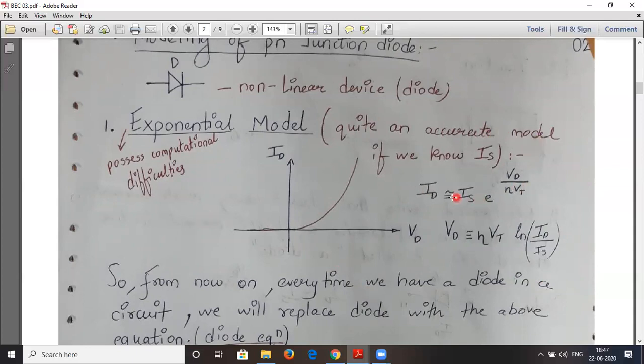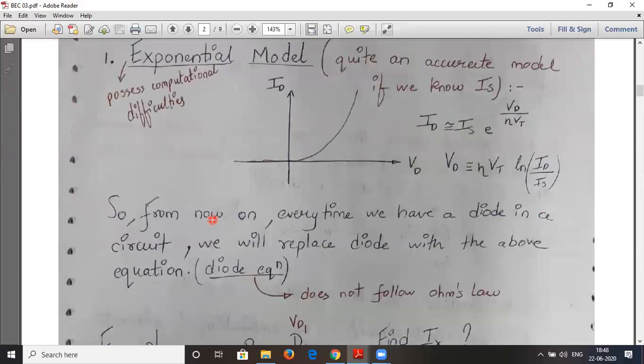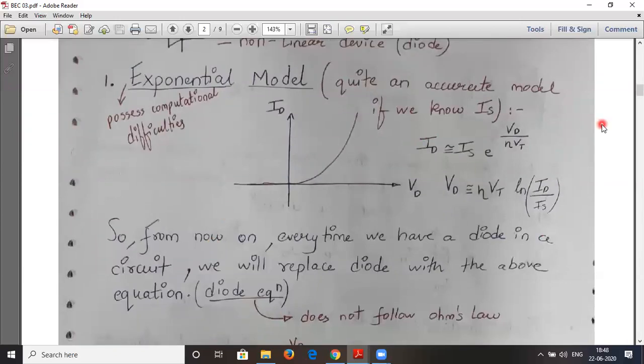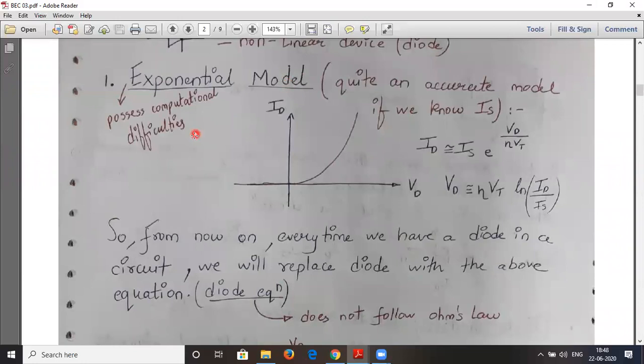This is an exponential relation, and we have to solve it to get the accurate value of ID, which is not feasible every time. And this equation doesn't follow Ohm's law. So that's why we have to go for a simpler model than the exponential model. No doubt it is very accurate, but it requires more computational steps.